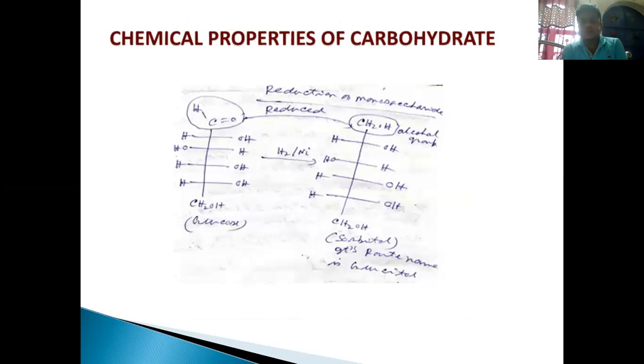Now, chemical properties of carbohydrates. Consider the glucose structure. When glucose is treated with hydrogen and a nickel catalyst, it becomes reduced and produces a sugar alcohol; that is, both its ends become alcohol groups.